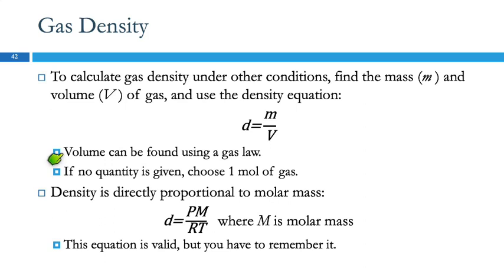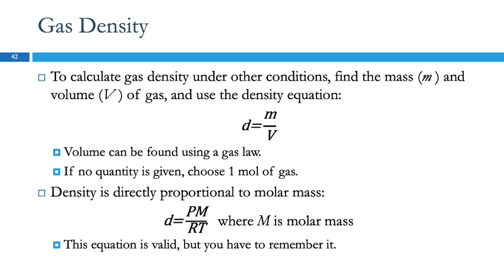So we can find the volume of the gas using the ideal gas law. If no quantity is given, then we'll choose to use 1 mole of gas. So the density is directly proportional to the molar mass, and this is an equation that you have in this book.